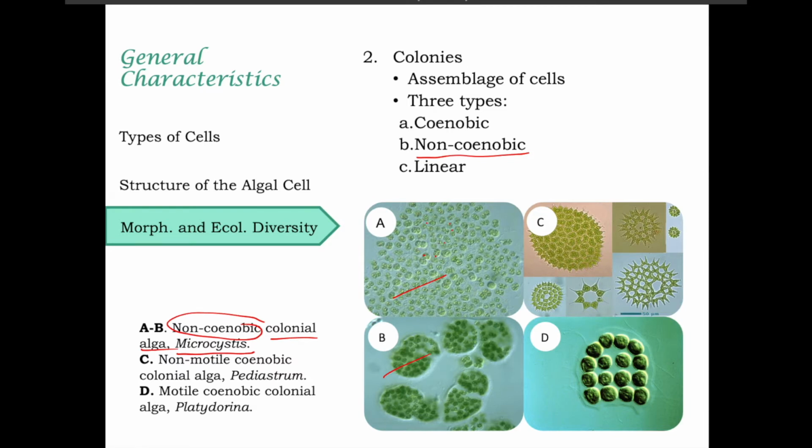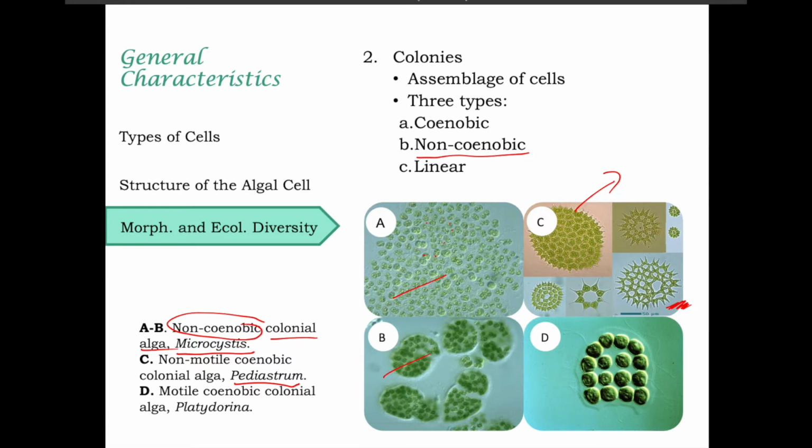Okay, another example of your cenobic but non-motile colony is your Pediastrum right here. So right here, letter C. So this is the one that is completely weird and completely arty. So it's kind of like an art form when you look at it.